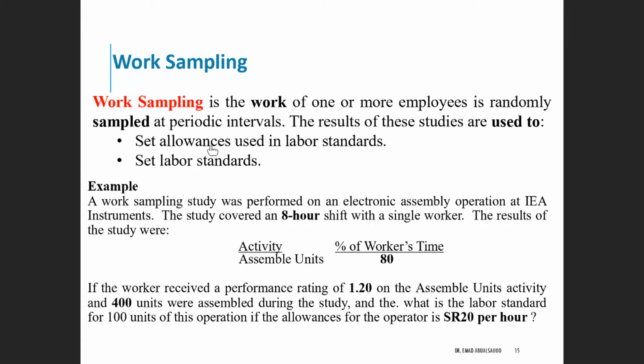What does allowance mean? You determine here the standard time and the allowed time within this job specification. So you can say this job needs 3 minutes, and you can put plus or minus for that 3 minutes or 3 hours, depending on the complexity of the task and how it's done.